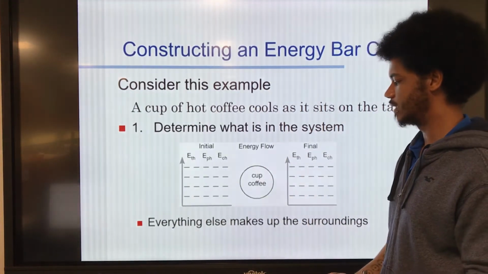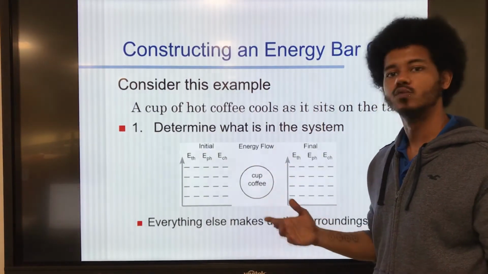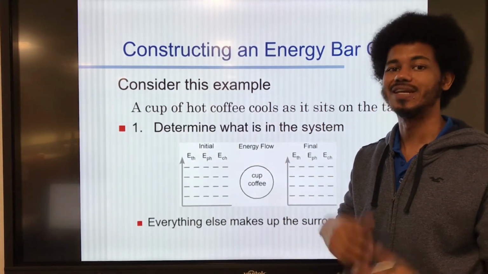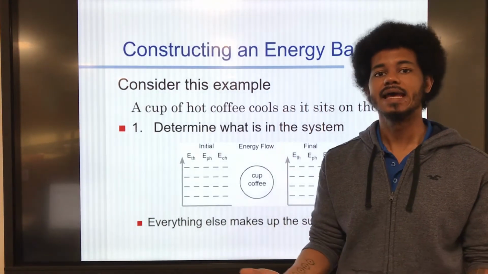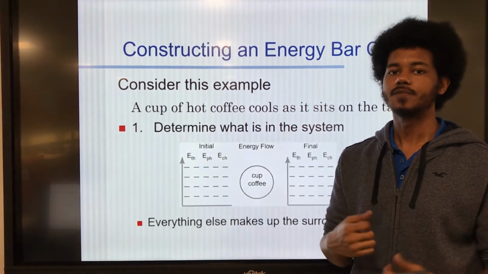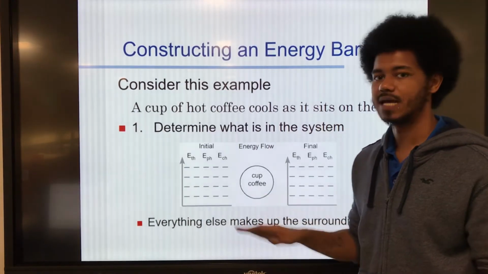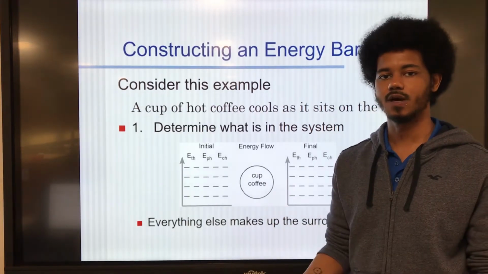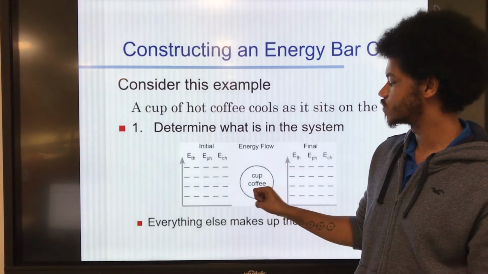Admittedly, I don't care for the fact that this says cup coffee because we're really just focusing on the liquid inside of the container, not the cup itself, because the cup is a substance and it is absorbing energy from the coffee. So we really just want to focus on the liquid coffee that's cooling off inside of the cup, okay? That is our system, and that's what goes inside of this circle right here.